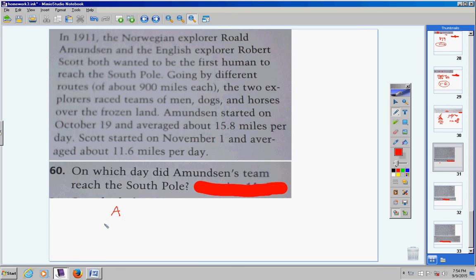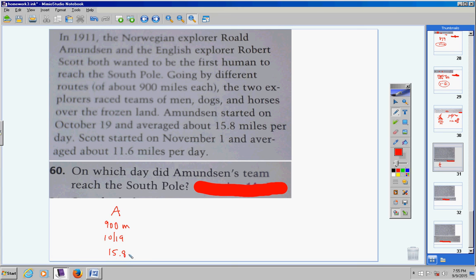He's going to travel 900 miles. He's going to start on October 19th, so I'm going to put 10/19, and he's going to average 15.8 miles per day.